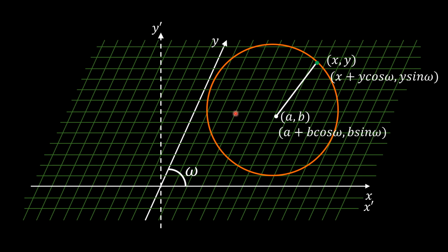So we have a new coordinate system, and now what we can go forward and do is rewrite the equation of the circle using this new coordinate system. So let's see how we may be able to do that.